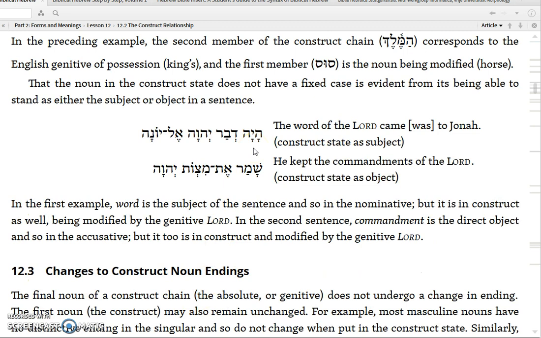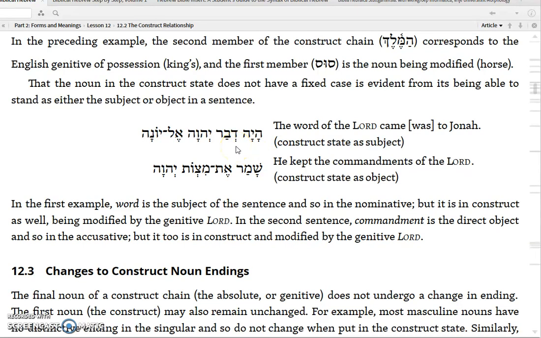Here's another example. Haya davar Adonai el Yonah. The construct is here, the word of the Lord was to Jonah. The word of the Lord was literally, or you could say came to Jonah.